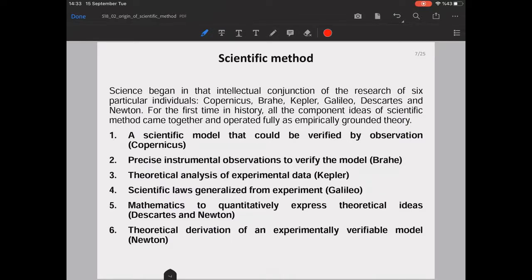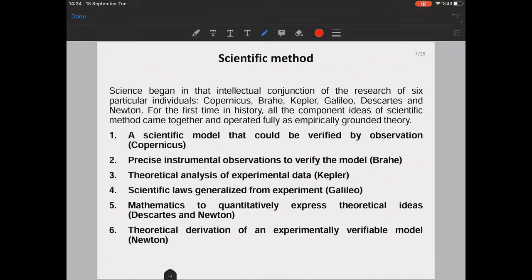For the first time in history, all the component ideas of scientific method came together and operated fully as an empirically grounded theory. They worked at different times, over a span of maybe a few hundred years. But when you combine all of these studies together, they make the scientific method in total.